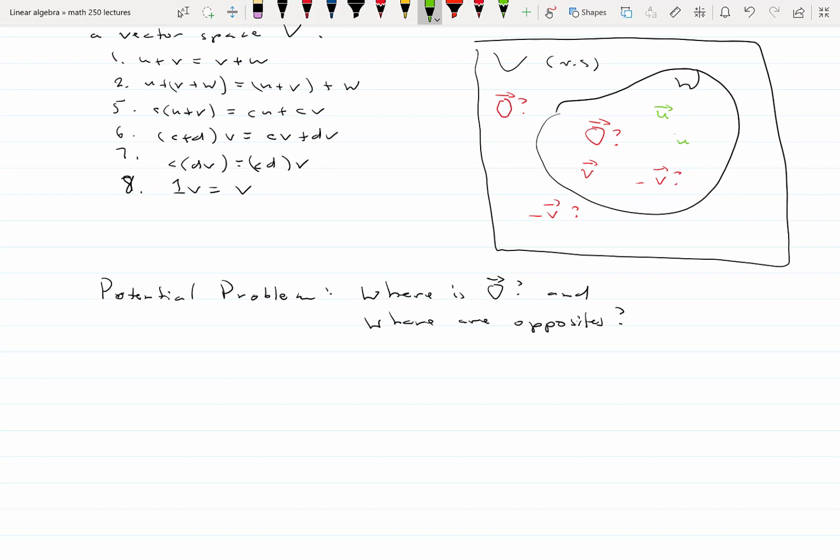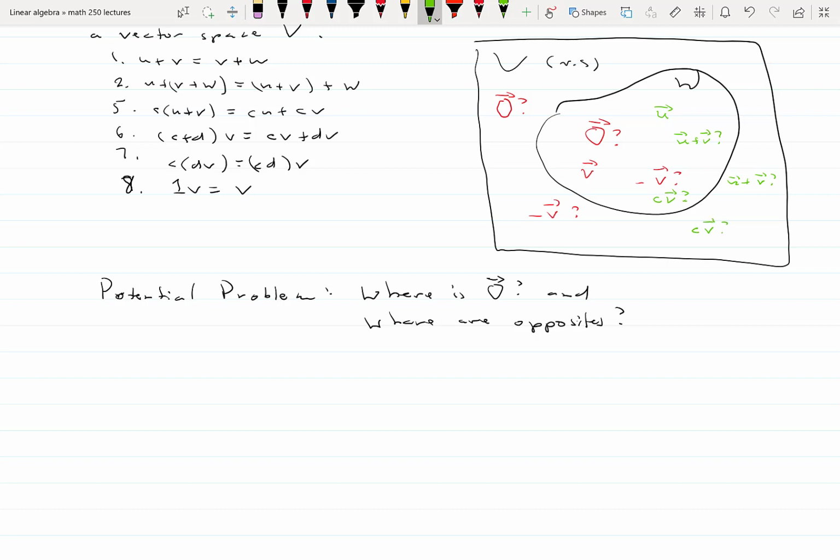I would like to know if u plus v is in W or if it's not in W. I would also like to know if c times v is in W as opposed to not being in W.